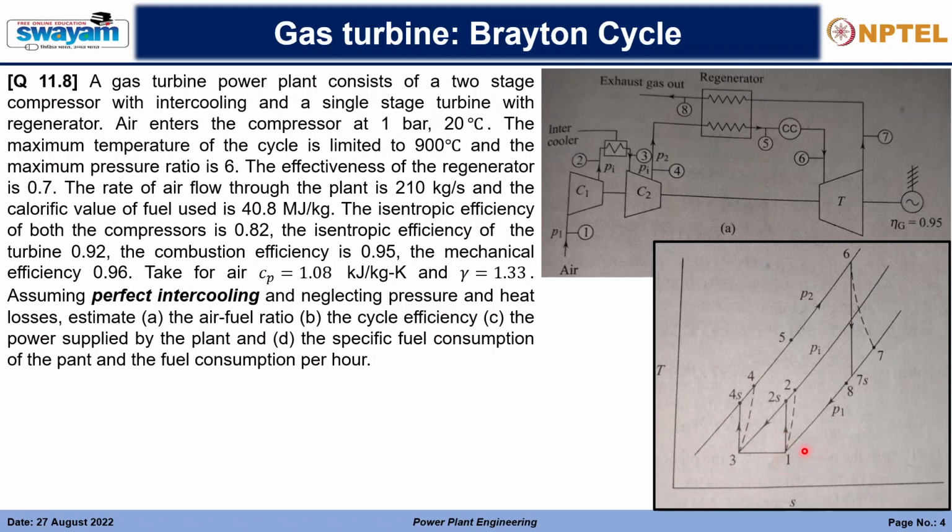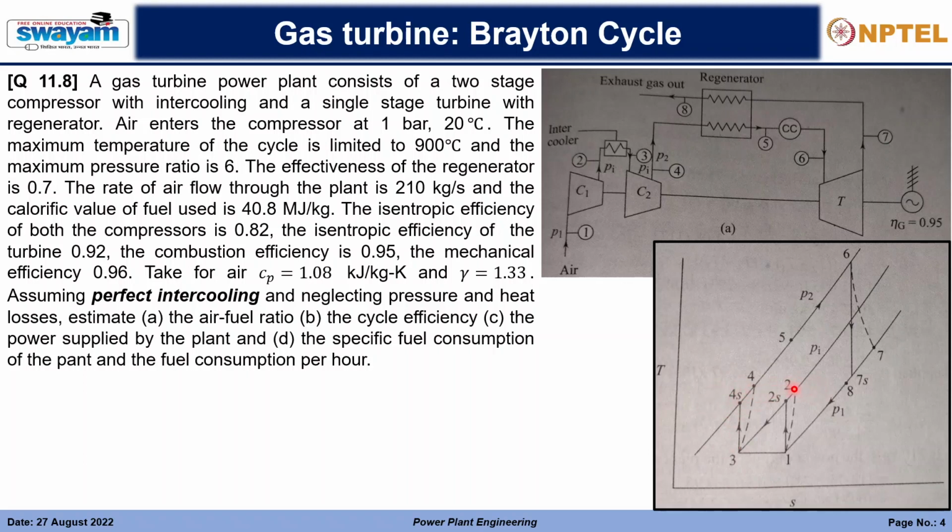From 1, which was the inlet to compressor 1, it goes 1 to 2, and then again it is being cooled down from 2 to 3 in a constant pressure process. Then it again enters compressor 2 at point 3, after cooling. Then the pressure is again raised, but you can see the temperature rise is almost constant.